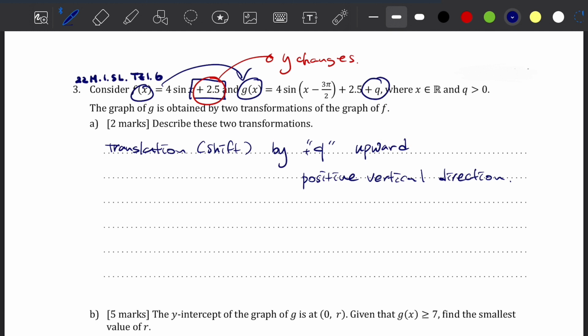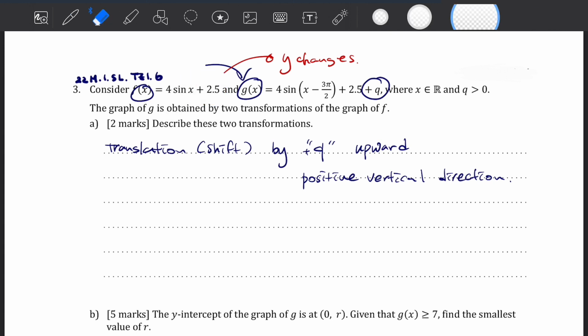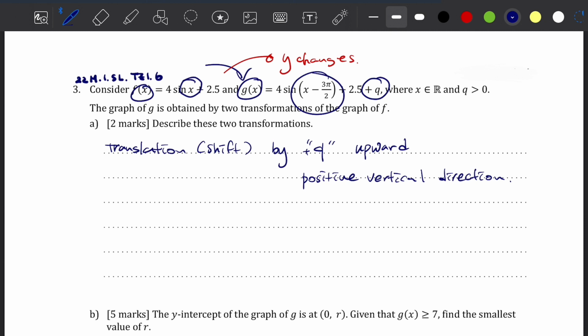And then the next transformation that you can see here is the transformation with the x values. Okay, so you can see that the function f of x has just sine x. However, g of x has x minus 3 pi over 2. So x minus 3 pi over 2 means x is 3 pi over 2, a positive value.